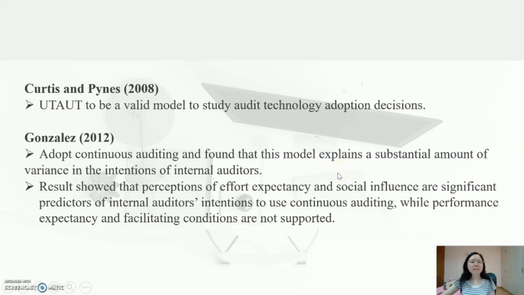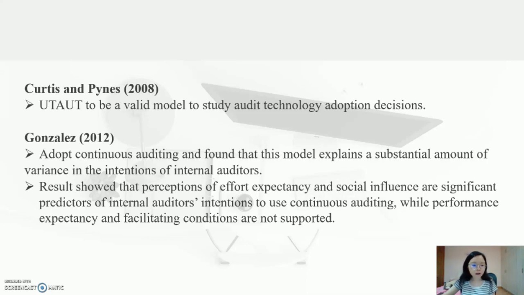Next are Curtis and Payne and Gonzalez. Both of these studies focus on UTAUT. For the first one, the paper focused on the external auditor, and they used this model to test the acceptance of the external auditor in the use of audit software.